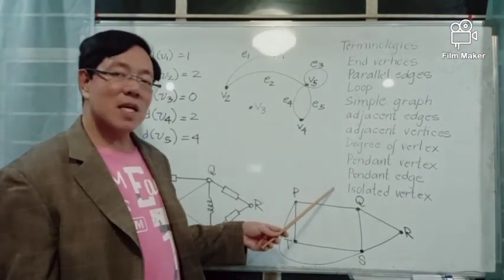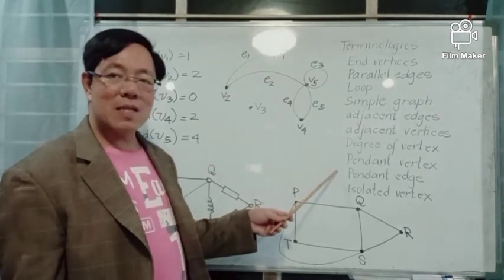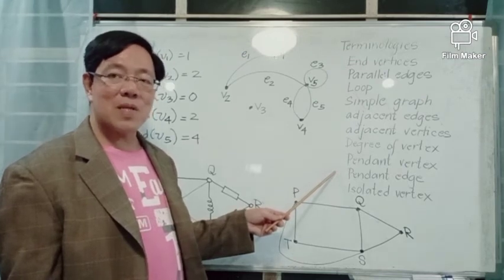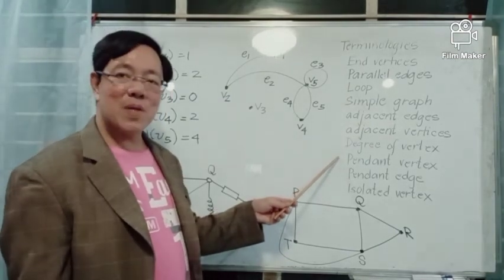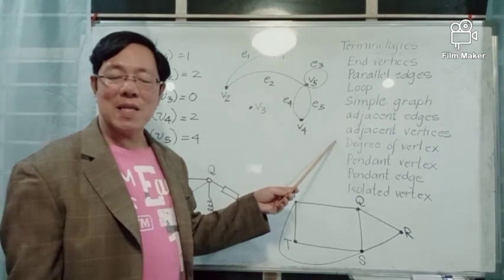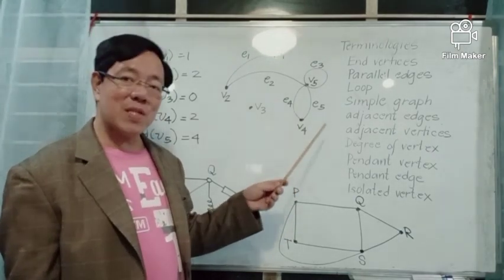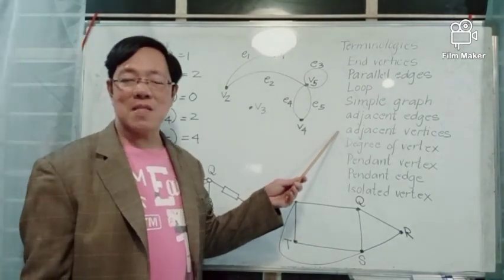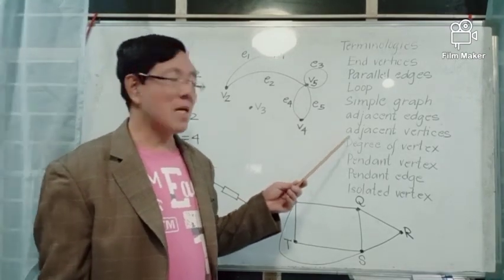An isolated vertex is a vertex whose degree is 0. A pendant edge is an edge that has a pendant vertex as its end vertex. And a pendant vertex is a vertex whose degree is 1. And we define the degree of a vertex as the number of edges that have that vertex as an end vertex. And we define adjacent vertices as vertices that are connected by an edge.